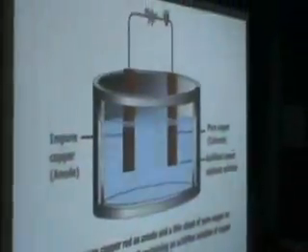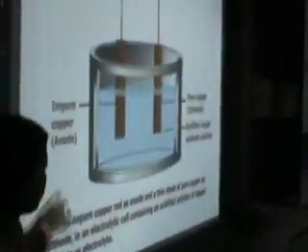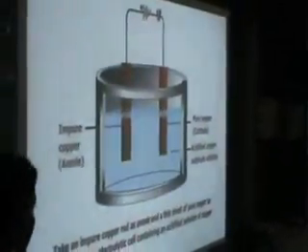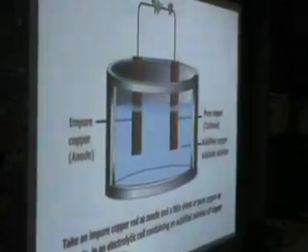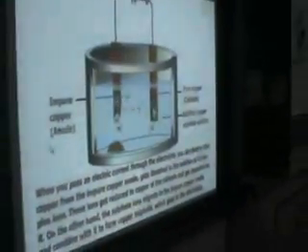Taking impure copper as anode, then thin sheet of pure copper as cathode in an electrolytic cell containing NSN5 solution of copper sulfate as electrode. When you pass an electric current through the electrolyte, you can observe that copper from the impure copper anode gets dissolved in the solution as CO2 plus ions. These ions get reduced to copper at the cathode get the positive polarity.